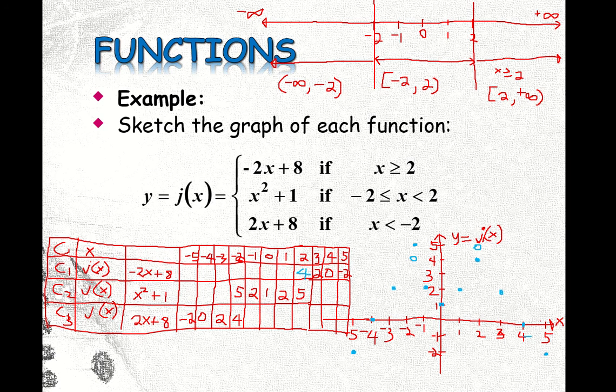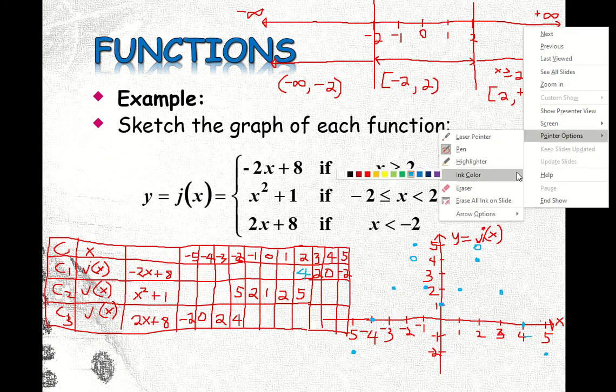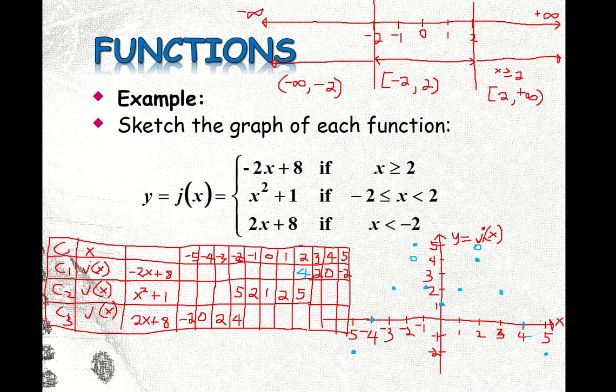Okay, now connecting the points. So for this interval here, connect the points.